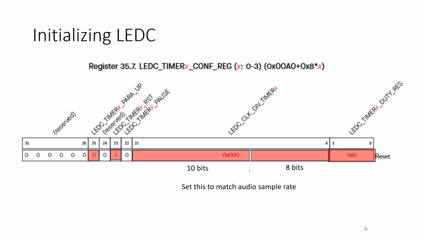So let's skip this one for now. LEDC timer reset, that should be 0. Okay. Then you have this thing called LEDC clock div timer, 0 in our case. Remember, X is 0, right?